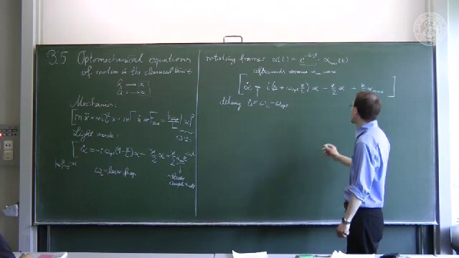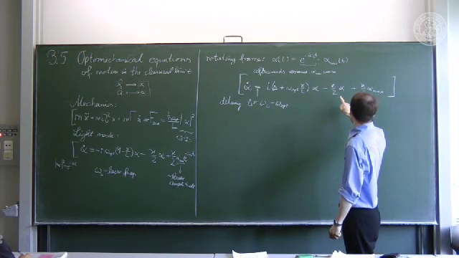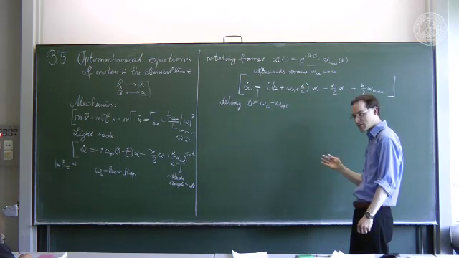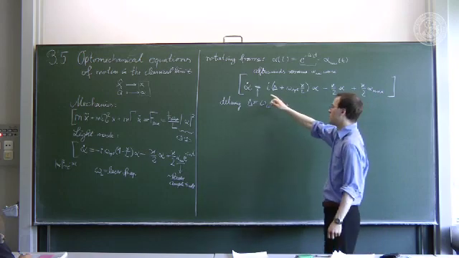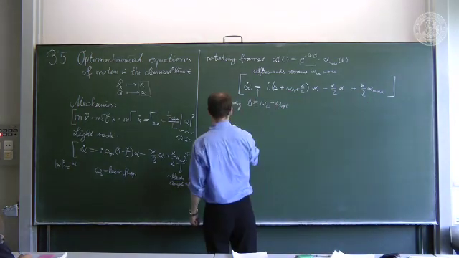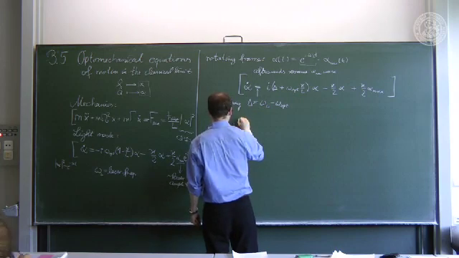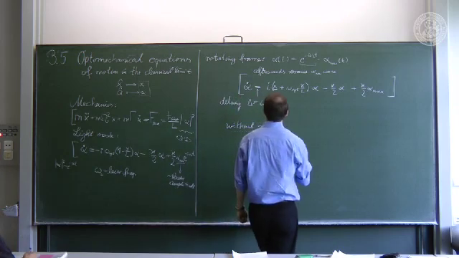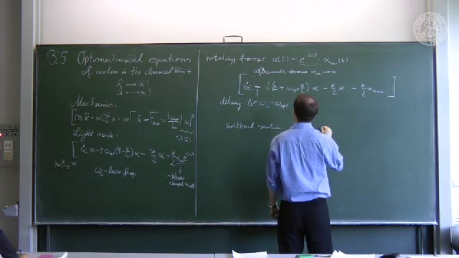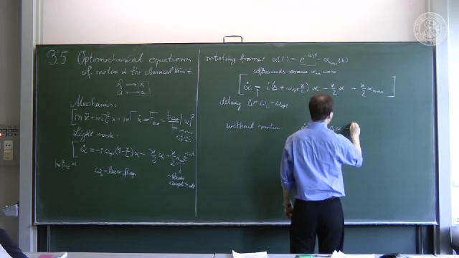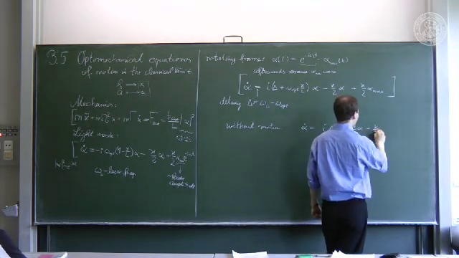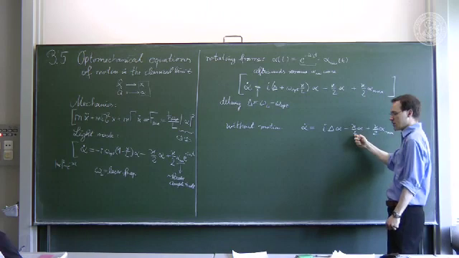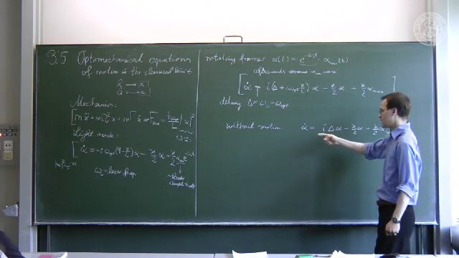So now, just as an aside, what would happen if I didn't have this coupling to the mechanics? If I just had an empty cavity that does not have an oscillating mirror, then what's the correct solution? So then I would have to solve alpha dot equals i delta alpha minus kappa half alpha plus kappa half alpha max. And you see that the decay term will always lead to a solution that in the end has alpha dot equals 0.